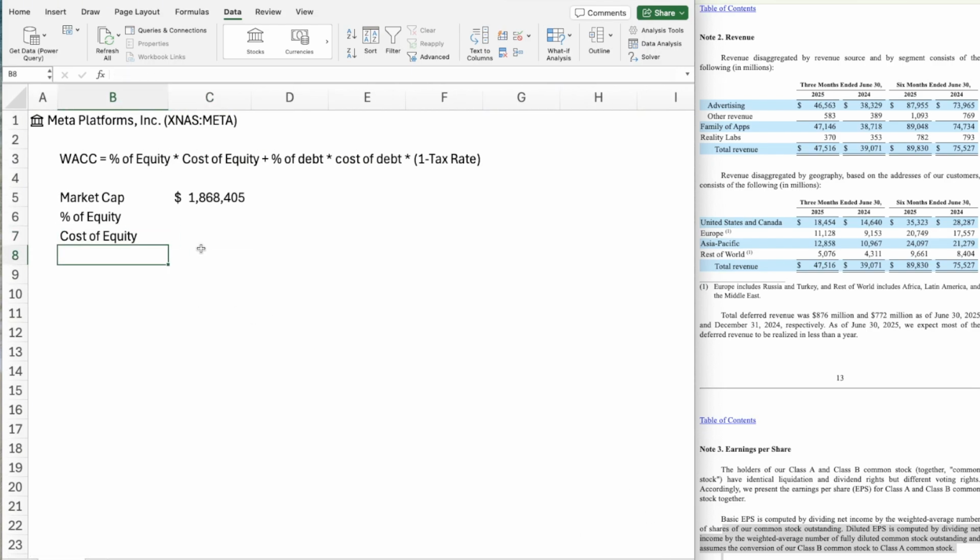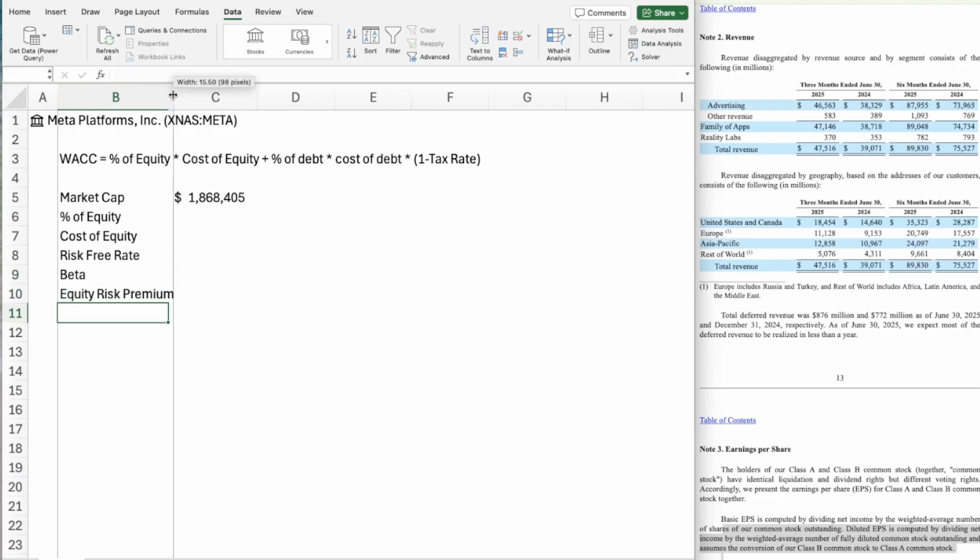Cost of equity, and the components within the cost of equity are the risk-free rate, the beta, and the equity risk premium. Not the risk-free rate, but certainly these two can be a bit lengthy to calculate.